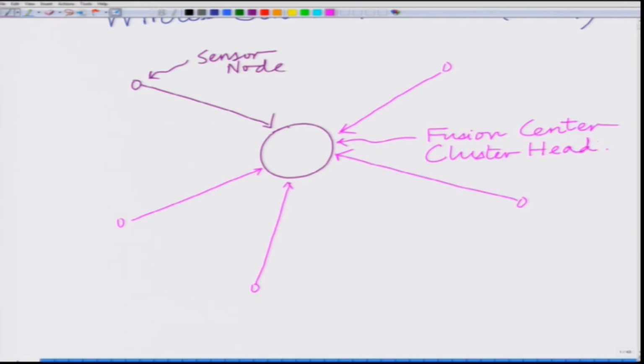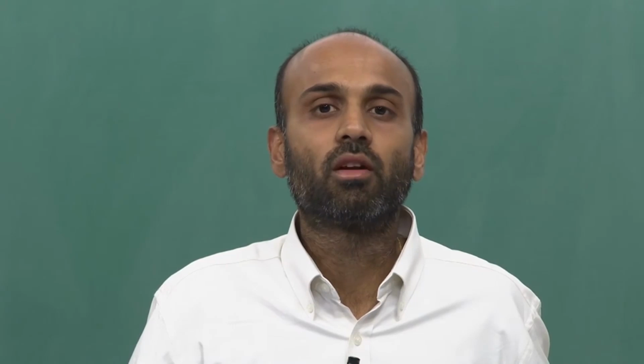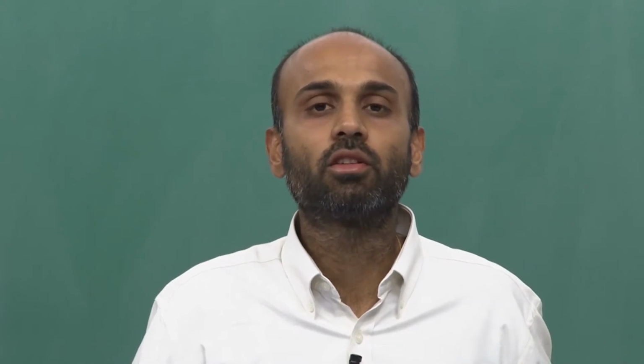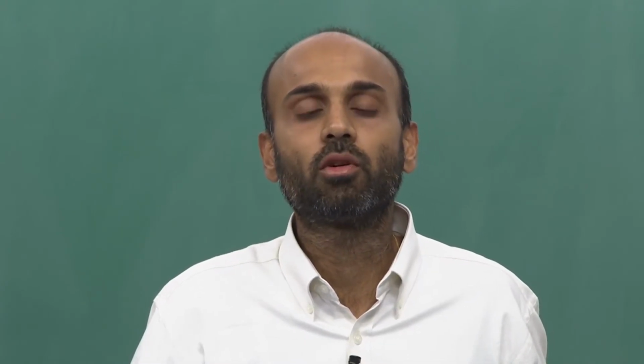Cluster head means it is the head node of this cluster of sensor nodes. Fusion center means it is the center which fuses the measurements from the different sensor nodes. In the signal processing context this is known as a fusion center; in a networking context it is known as the cluster head of the wireless sensor network.